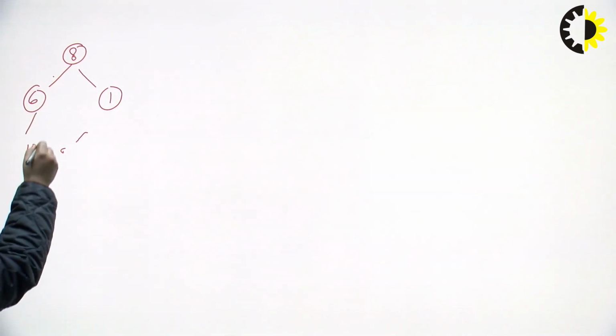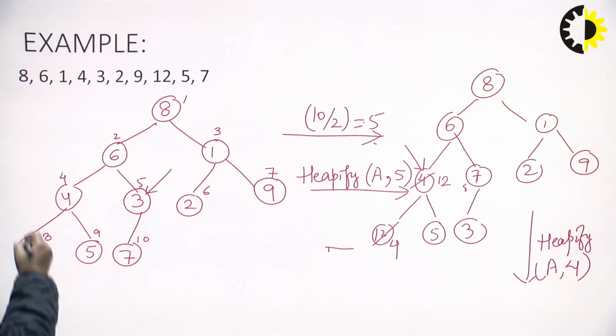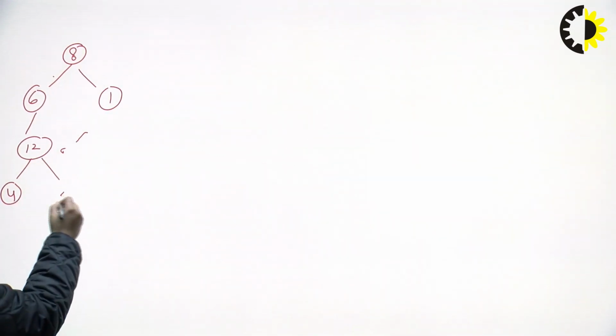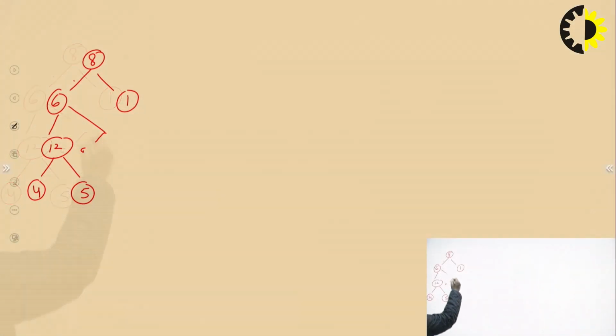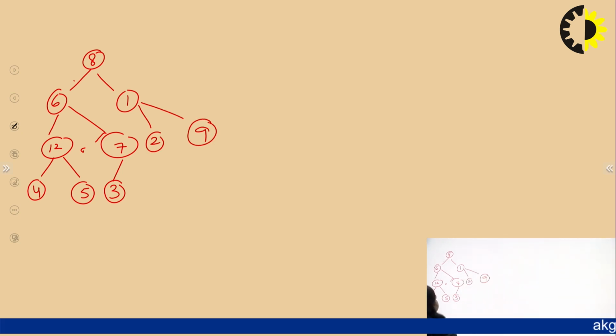It becomes 12, 4, 5, 4, 5, 7, 3. Then on to the 1, we are having a 2 on 9. 2 and 9, right? This is the tree which we are getting after applying the heapify A comma 4.